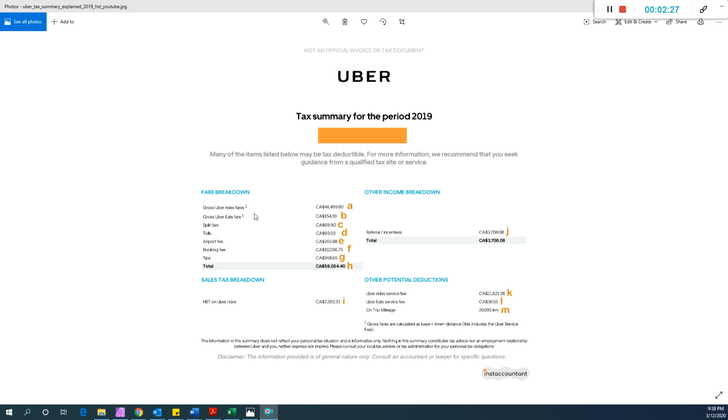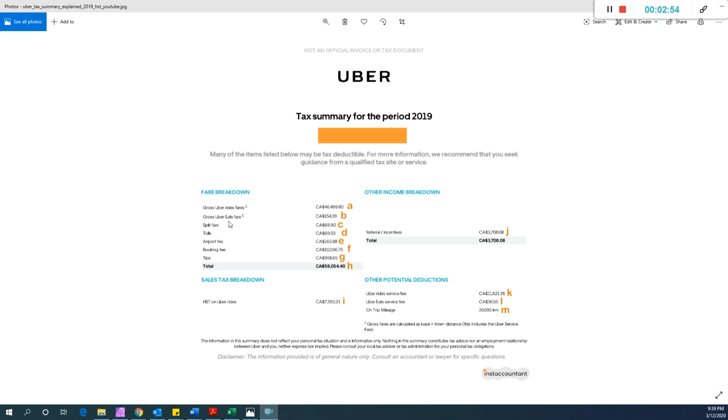So this is the total, let's say $46,499.80, that this driver earned from the ride fares, which is very straightforward: the amount charged for the distance and the time.